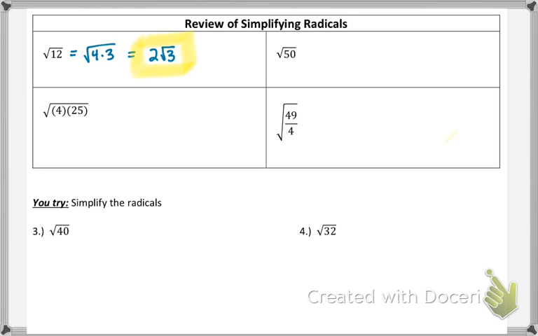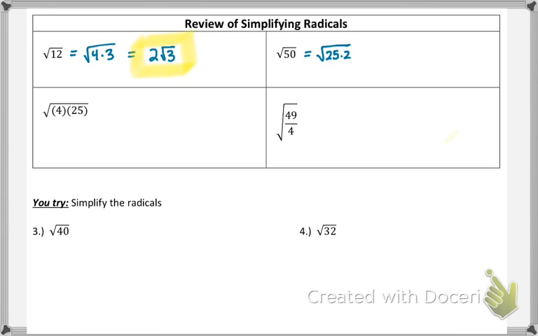And then for 50, we can break it up as 5 and 10, but I can't take the square root of 5 and I can't take the square root of 10, right? So instead of doing that, let's break it up into 25 times 2. So when you're trying to simplify radicals, you're trying to think of, all right, what perfect square number can go into that number?